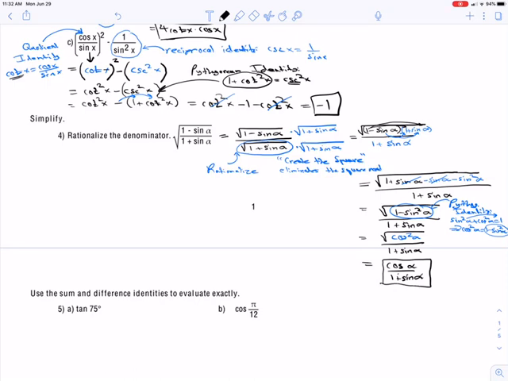We created that square by multiplying the numerator and denominator by what we had in the denominator, which is the square root of 1 plus sine alpha. And then we distributed, so we can make that note above it: we need to distribute, slash multiply.